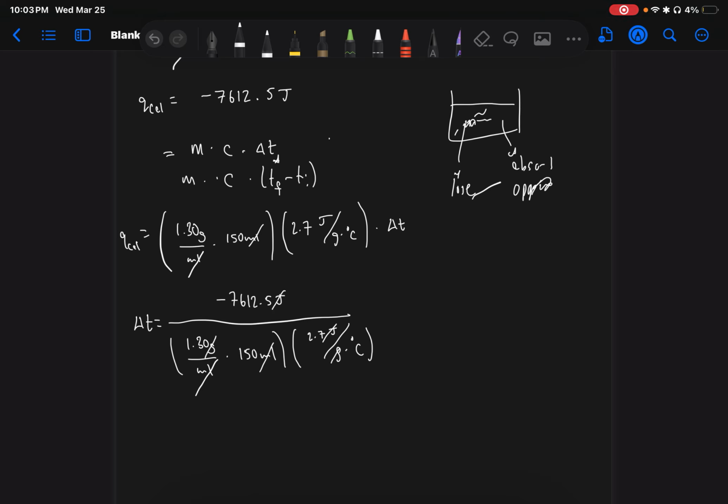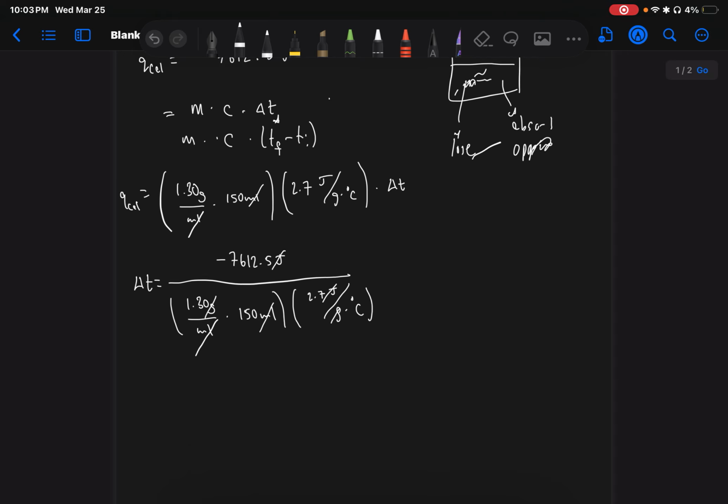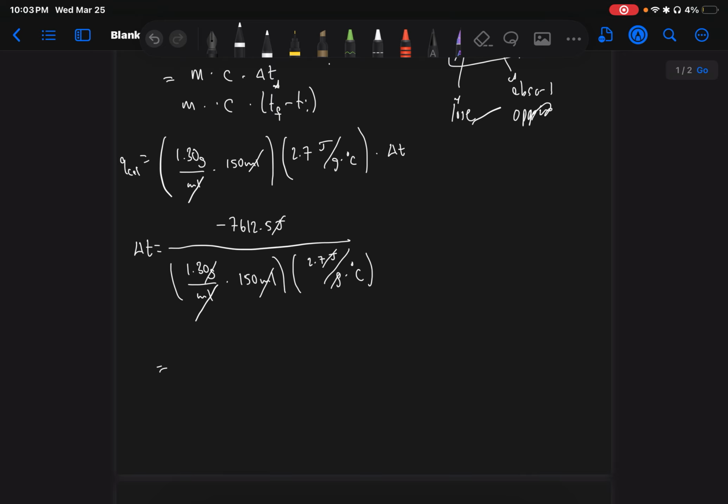We'll be left with the reciprocal of degrees Celsius, and then they'll flip anyways. So what do we get? Negative 14.5 degrees Celsius. So change in T is equal to that.